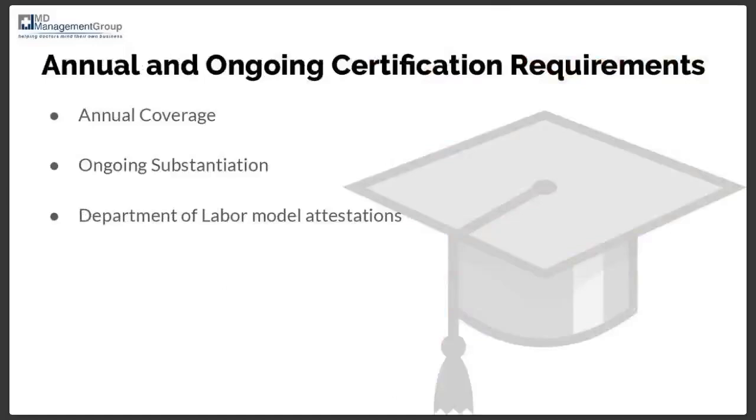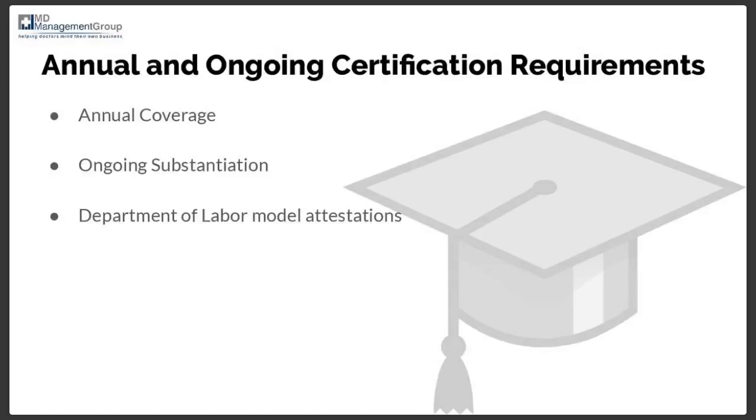Okay, the annual and ongoing certification requirements. ICHRA requires that the plan sponsor, the employer, has to keep track of 2 types of substantiation. Annual coverage, which means that all participants in the plan and covered family members must certify that they are enrolled in an individual health insurance coverage plan or in Medicare.